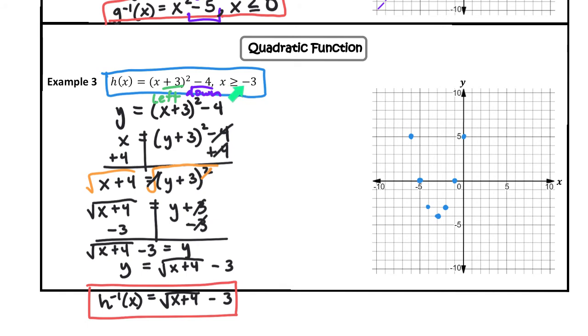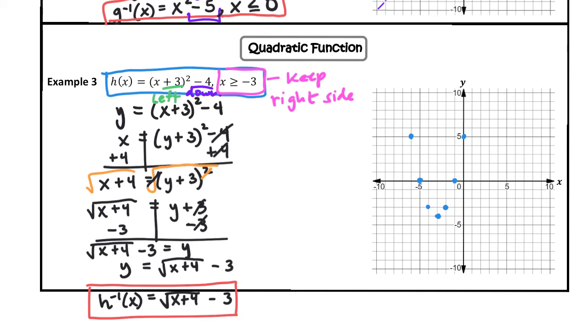Well, because it says x greater than or equal to -3, that's what I'm going to keep. Let me make a note here. This part is what I'm going to keep. And so I'm keeping everything on the right. I'm going to say right side.